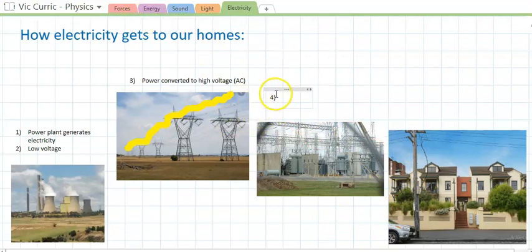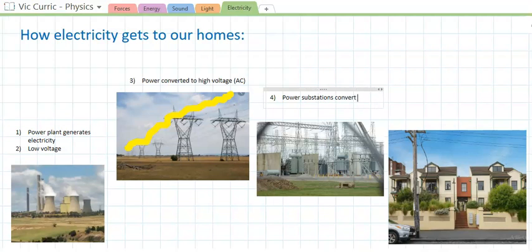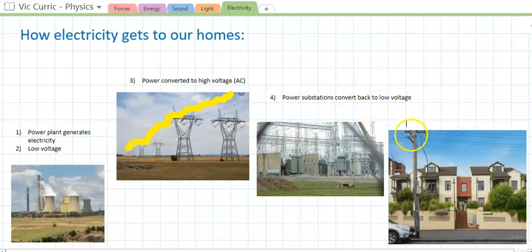So the next stage is that the power substations convert the electricity back to lower voltage again. And then from there, the power can travel along the smaller power lines that you see along the street.